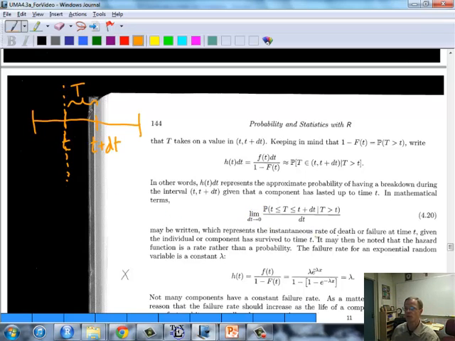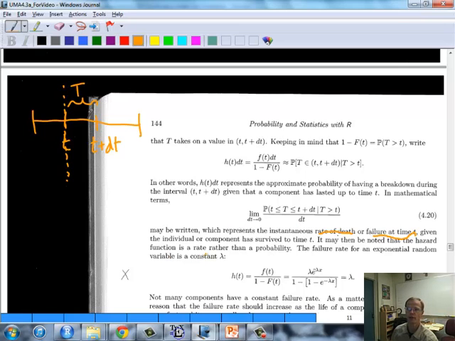As such, we can use this differential notation: the probability that big T occurs inside the interval here, divided by dt, and take the limit as dt goes to 0. That would be the instantaneous rate of death or rate of failure, or again, just the thing occurring, given that it's survived up to that time.